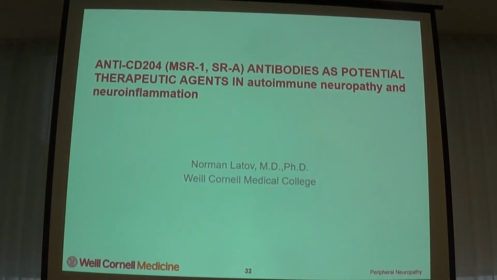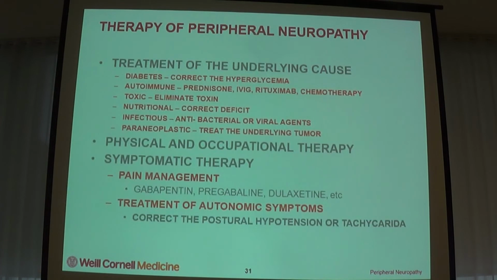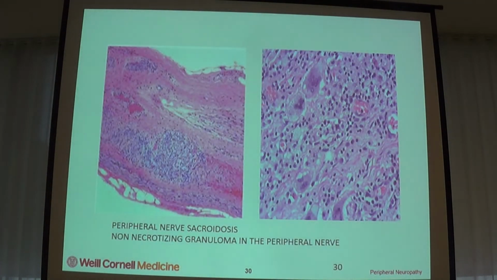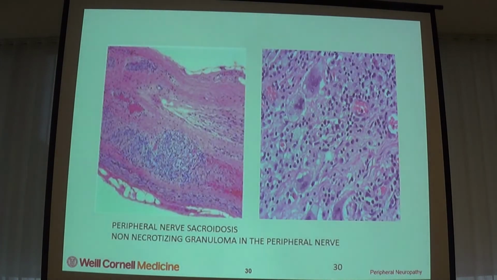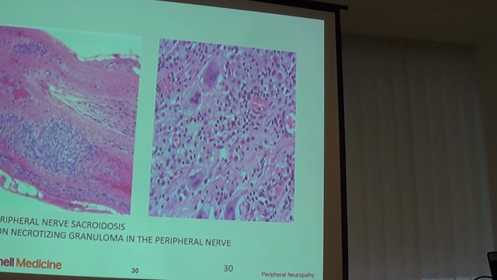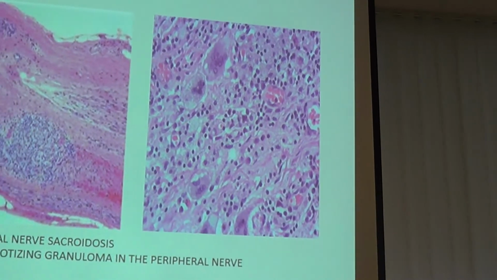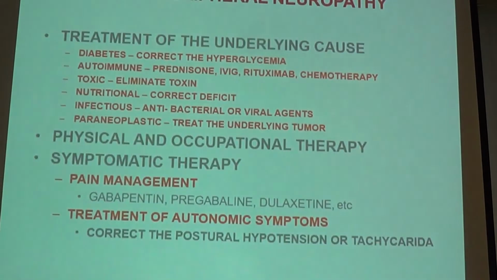And sometimes you could find CIDP, which hasn't been picked up by the electrical studies, again because there's too much axonal damage, which masks the specific changes for demyelination. And so all these conditions are treatable.